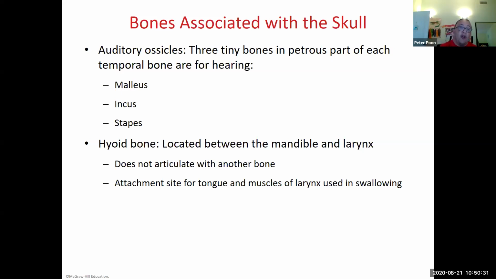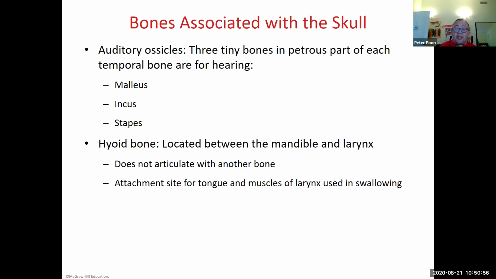The hyoid bone is located between the mandible and larynx. It forms the movable base of the tongue. The factoid about the hyoid that gets asked very often is that it's the one bone that doesn't articulate with any other bone.